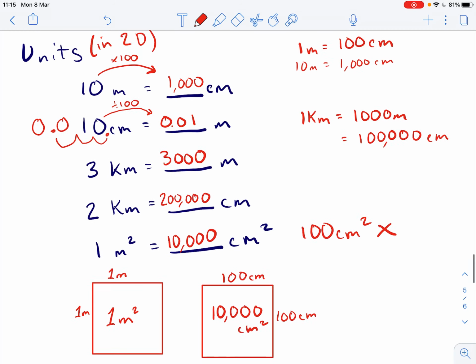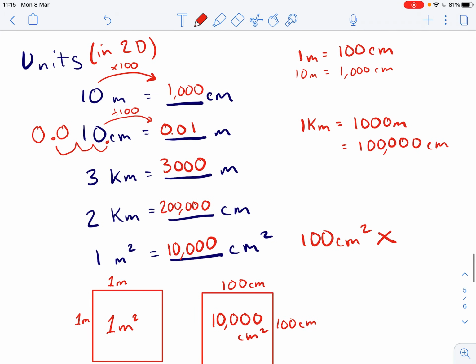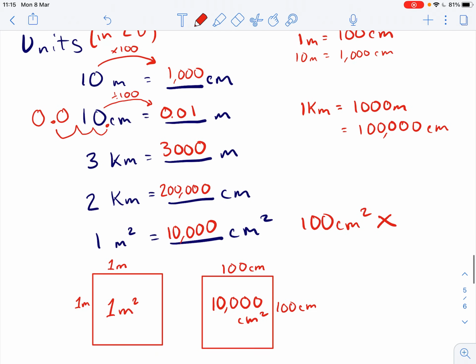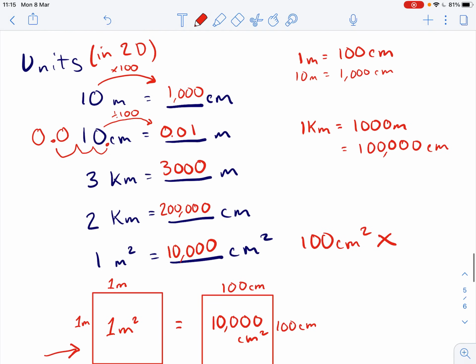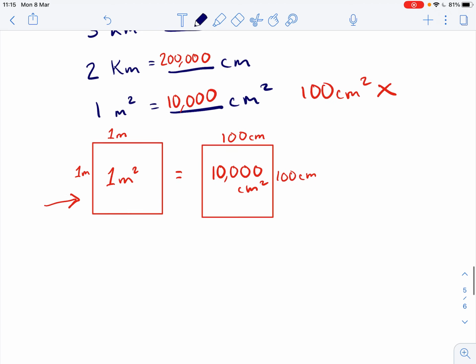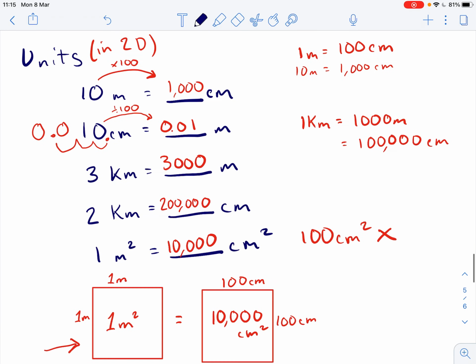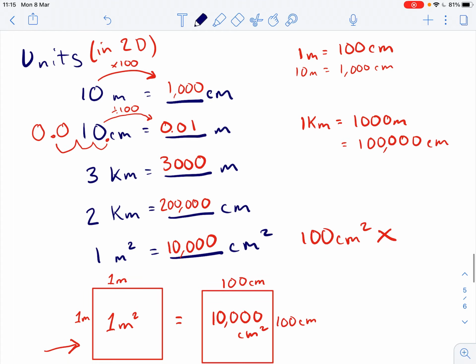We're going to have a look at some trickier examples of converting between units, and the key thing is to always imagine what 1 square is going to equal, and then you get your conversion ratio, your scale factor in 2 dimensions. So I'm going to go through a couple more examples now. Pause the video if you need to make a note of any of these.